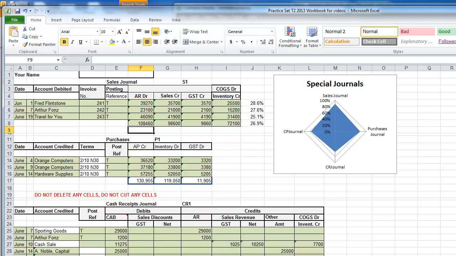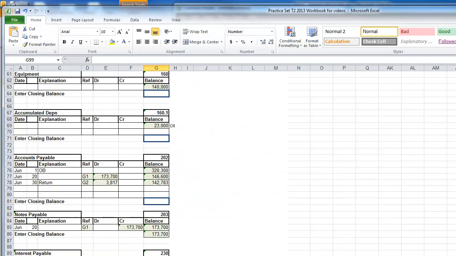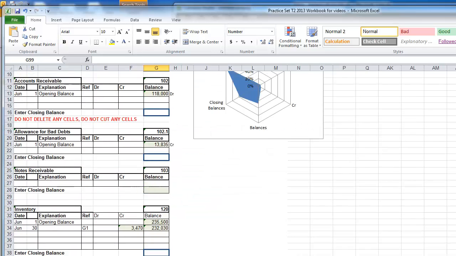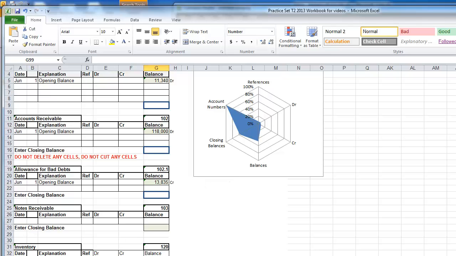Well, I go to the accounts receivable, and we've got a debit of 108,460. So I go to the general ledger, down to accounts receivable. In this case we have June 30.